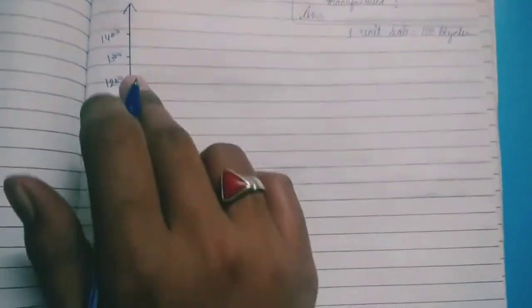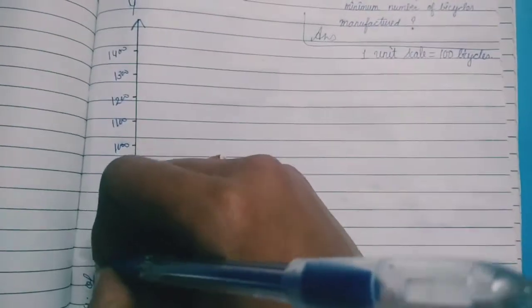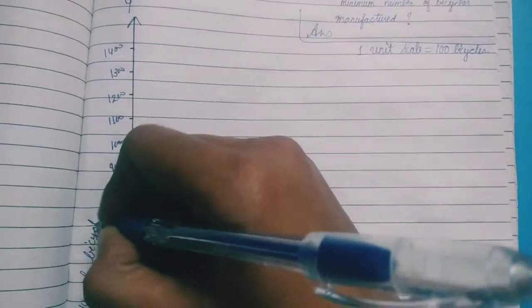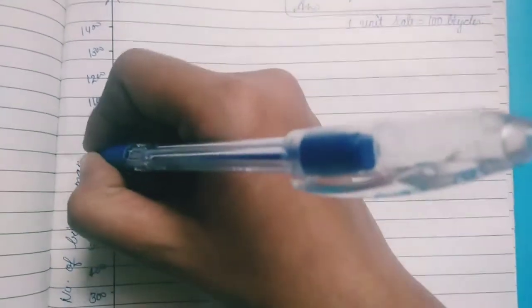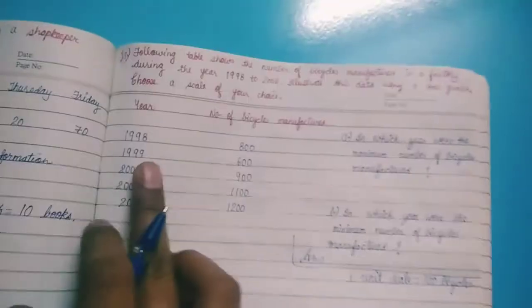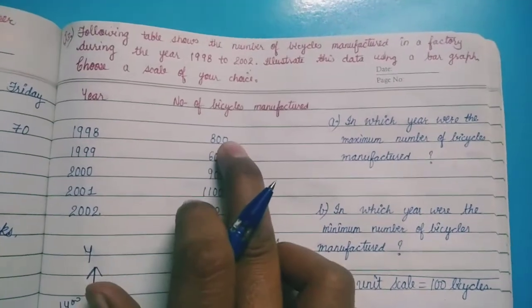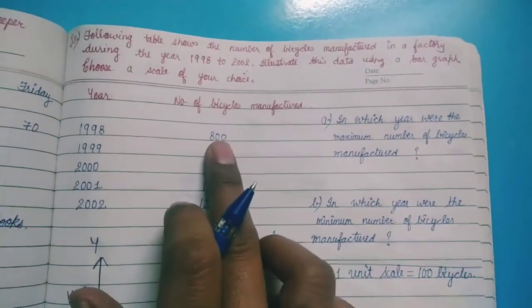It means that they are showing the number of bicycles that were manufactured. And here we will write the year. The very first year is 1998. In this year the number of bicycles manufactured was 800.